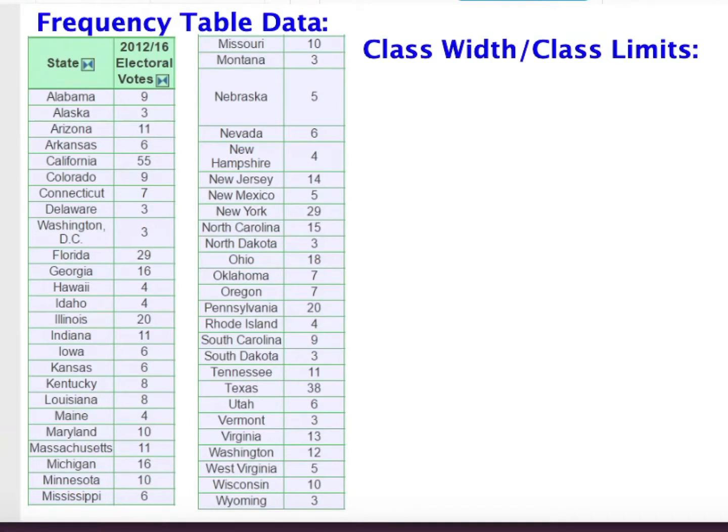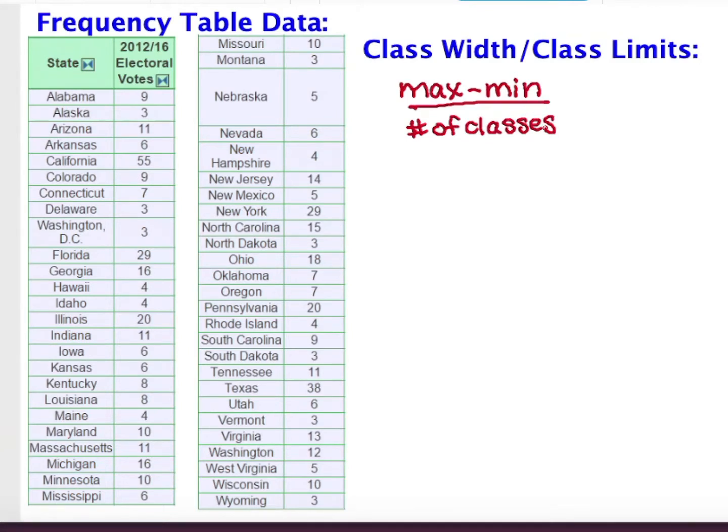Now the way we decide how to split the numbers is by determining the class width. And the width of each class is like, should I go from 1 to 10 and then 10 to 20, or how should I split that? And so there's a formula for that. You're going to take the maximum number minus the minimum number, and you're going to divide by the number of classes you want to make.